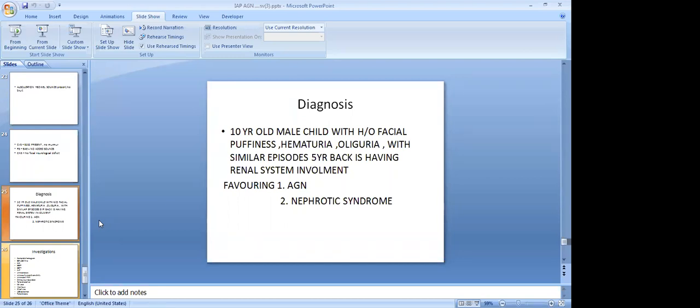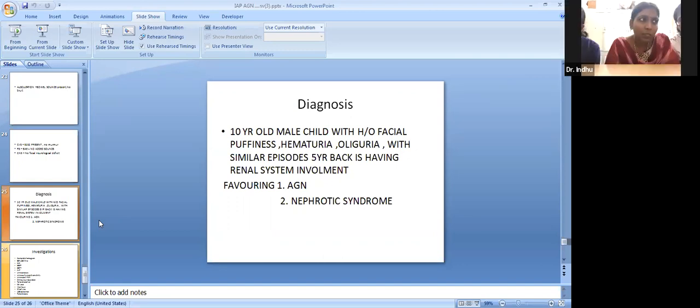RPGN is not, it's a broad term. Lupus. Lupus is secondary. So the primary, what are the possibilities? First one is MPGN and second is FSGS. The secondary: IRGN, post-streptococcal glomerulonephritis, and IgA nephropathy, Henoch-Schonlein purpura, and lupus.